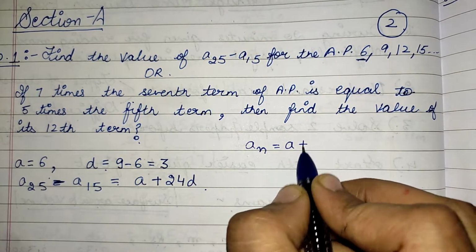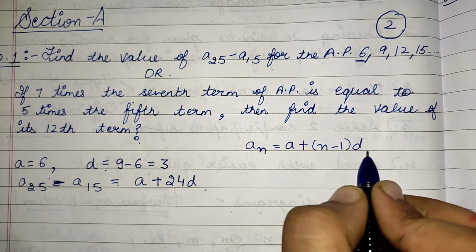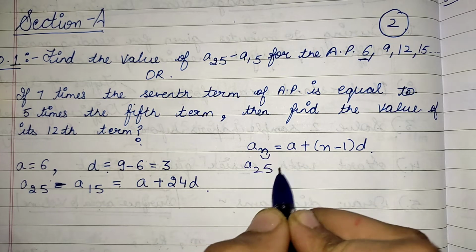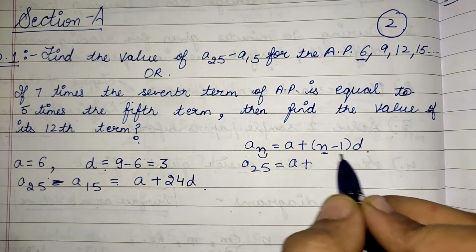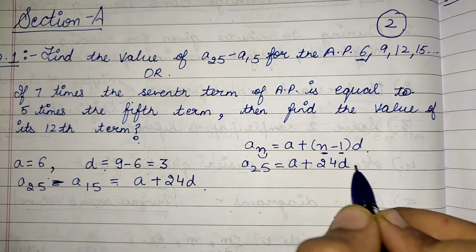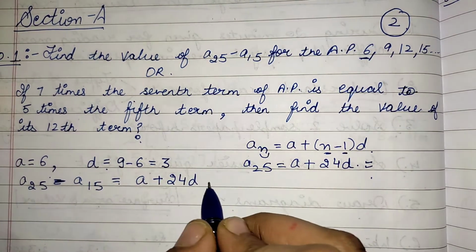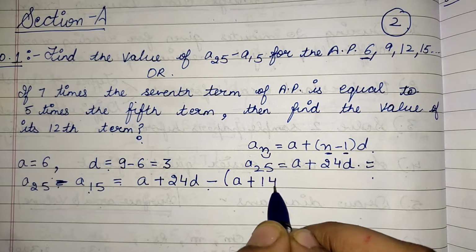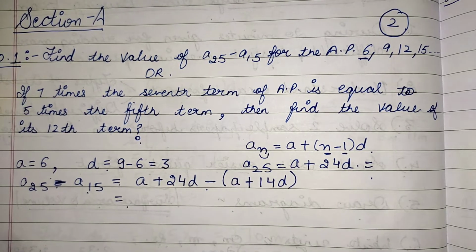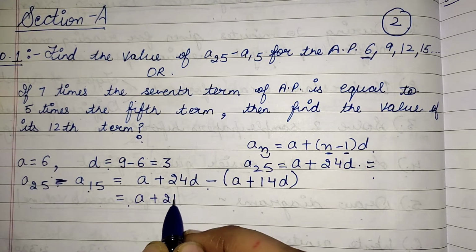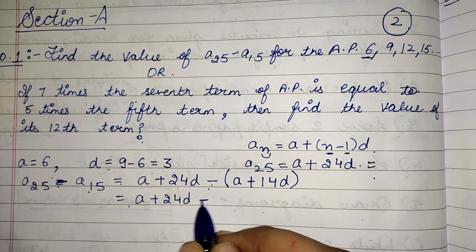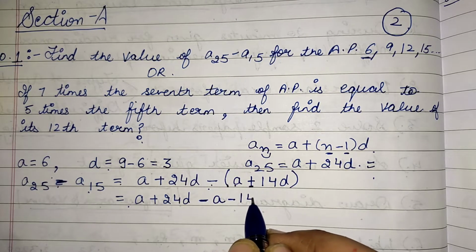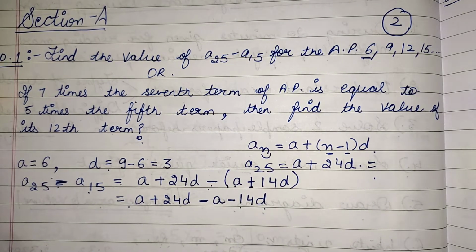Because we know that AN is given by the formula A plus N minus 1 into D, and this time my N is 25, so 25 minus 1 becomes 24D. Then the minus sign, and because of 15 it will become A plus 14D. Now when I open this minus sign bracket, the A will become negative and the positive 14D will also become negative, so it will be minus 14D.